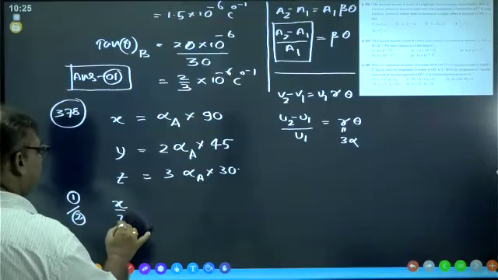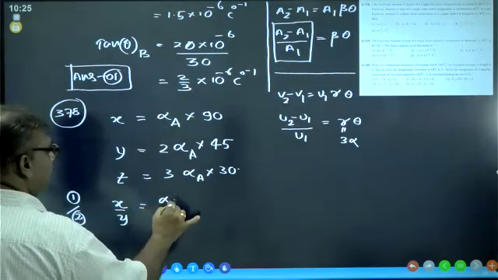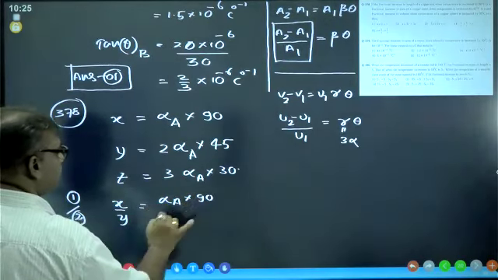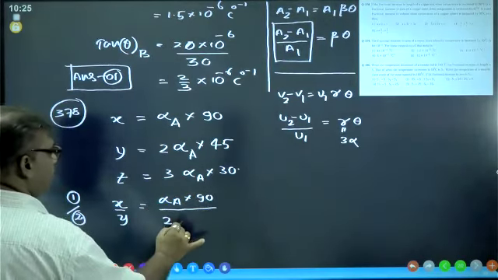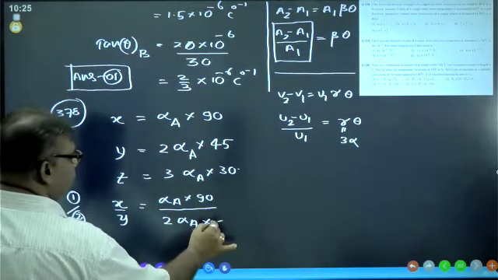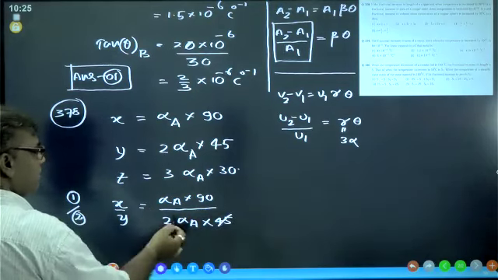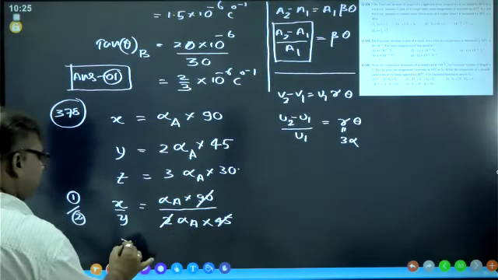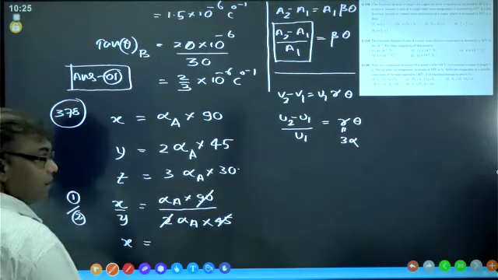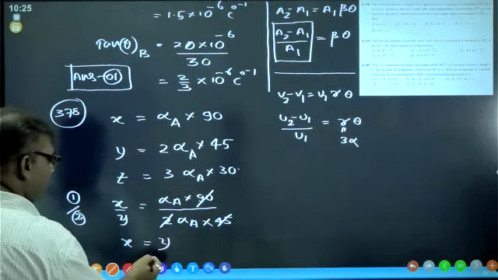X over Y equals alpha A into 90 over 2 alpha A into 45. 2 into 45 is 90, 90 and 90 cancel. Then these two are equal, so X is Y.